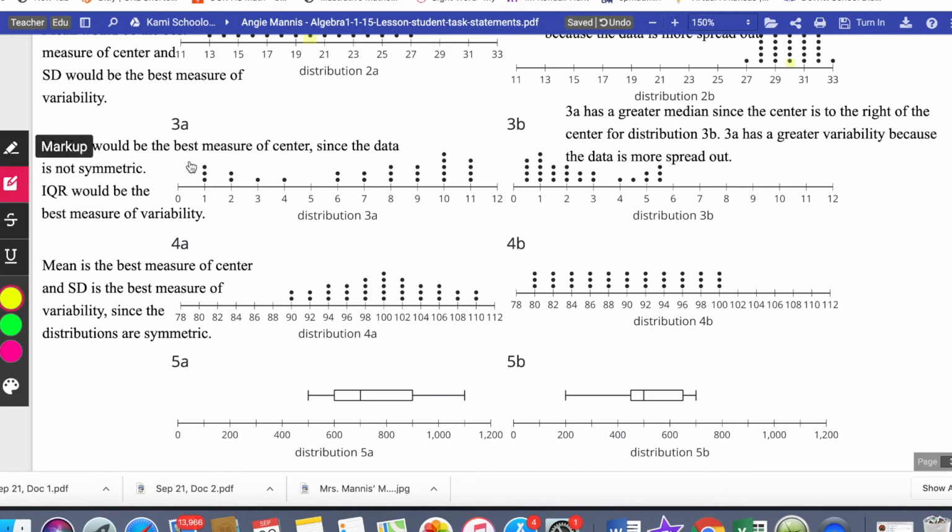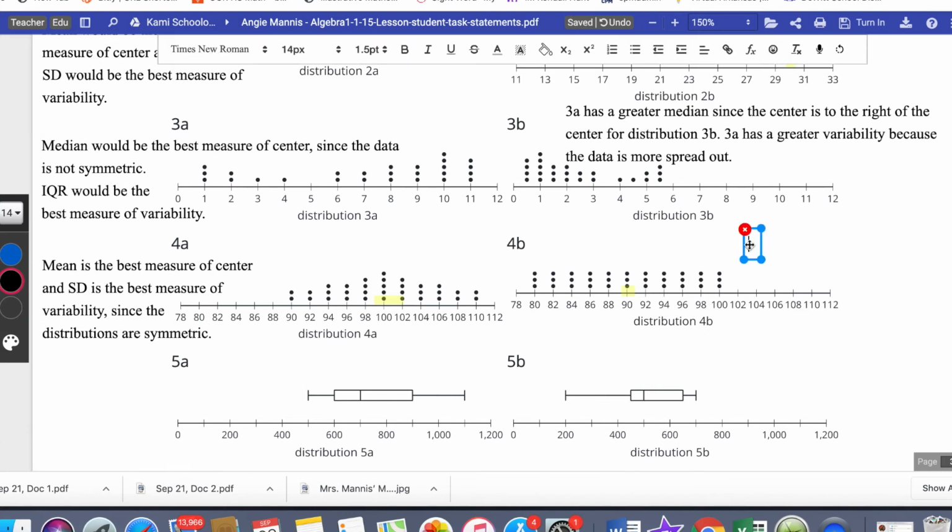I meant to highlight 100, and then this measure of center would be 1, 2, 3, 4, 5, 6, 7, 8, so it would be this 90. So 4A has a greater mean.